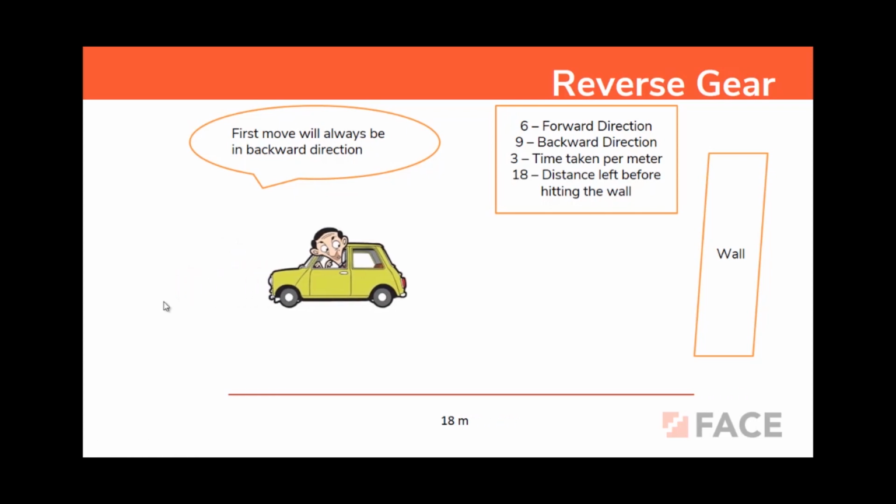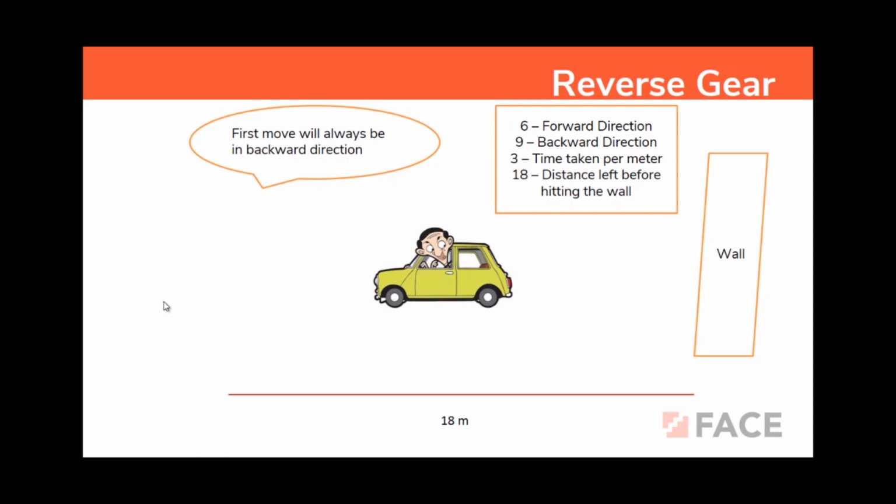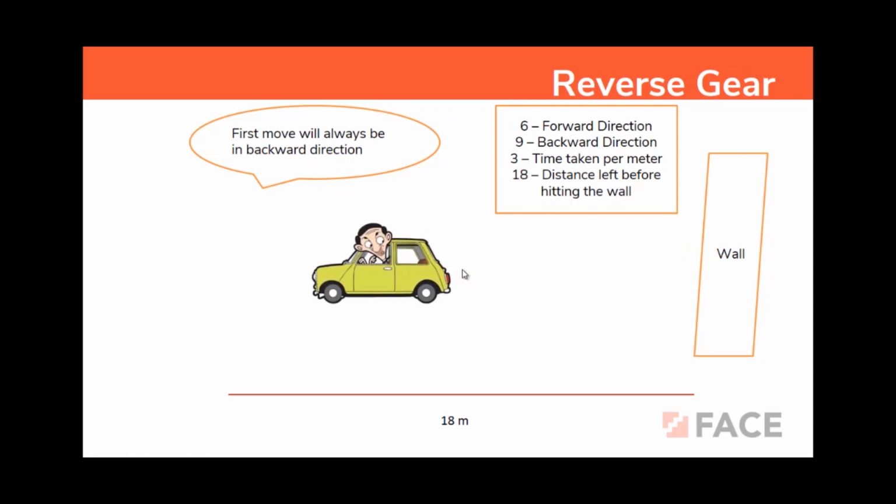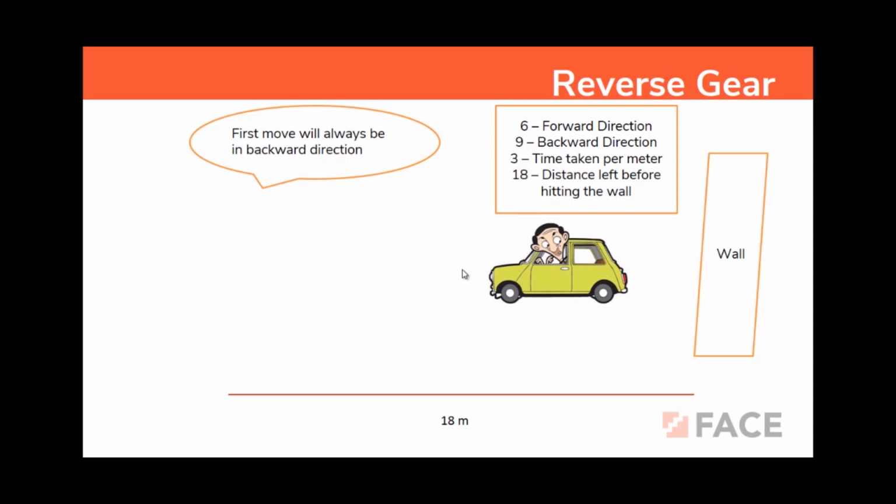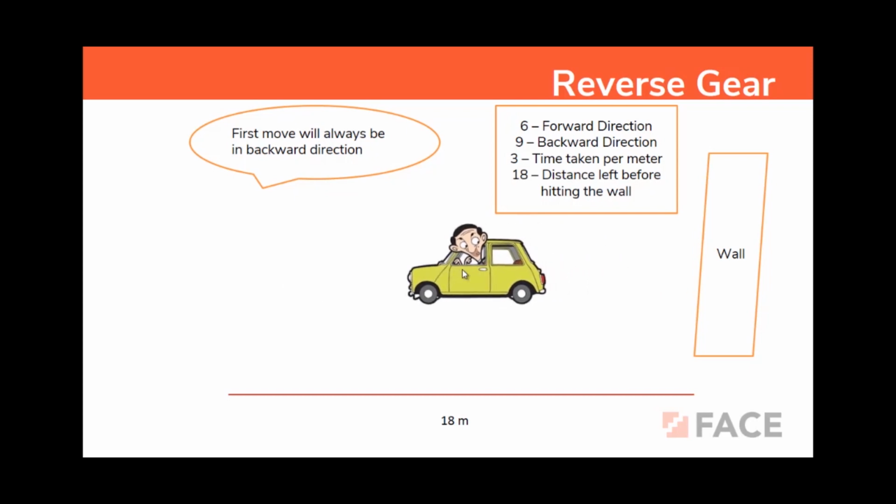Similarly, when he tries to move 9 more meters, again he can see that some more distance is left between the wall and his current position. So again he has to perform the forward motion, and the same thing happens. The third time he does that, again he can see that there is a small distance left.